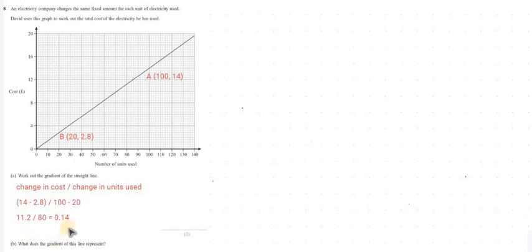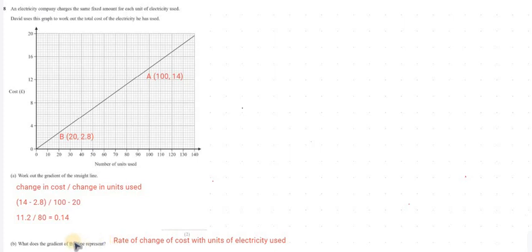And part B, it says, what does the gradient of this line represent? The gradient of the line represents the rate of change of what is on the y-axis with what is on the x-axis. So in this case, it's the rate of change of cost with the units of electricity used.